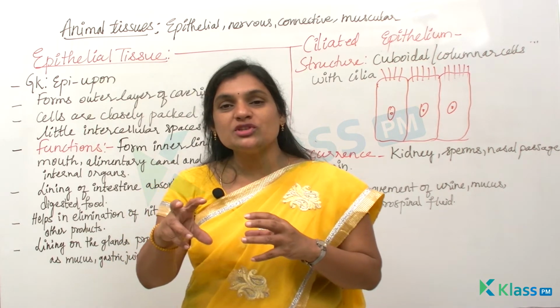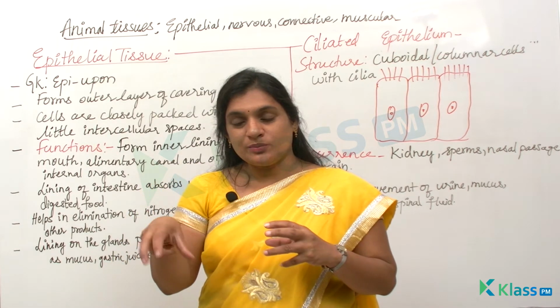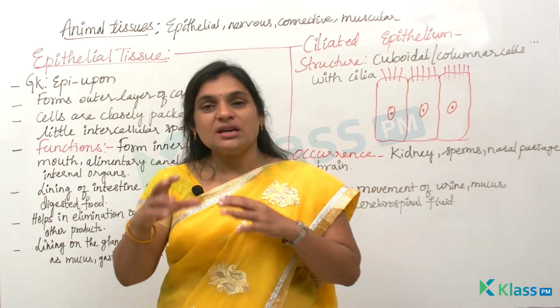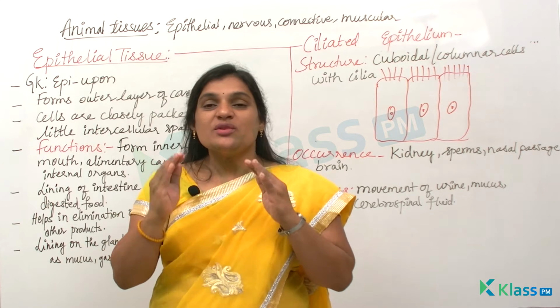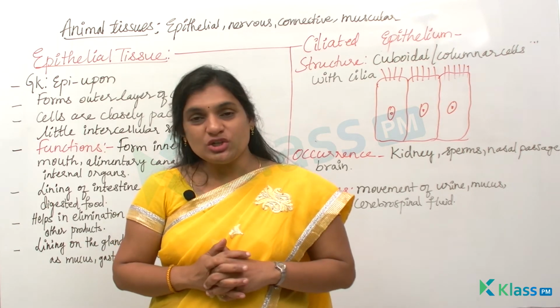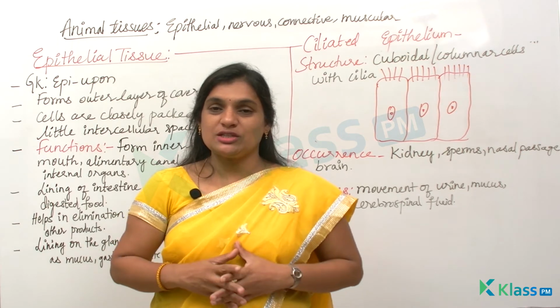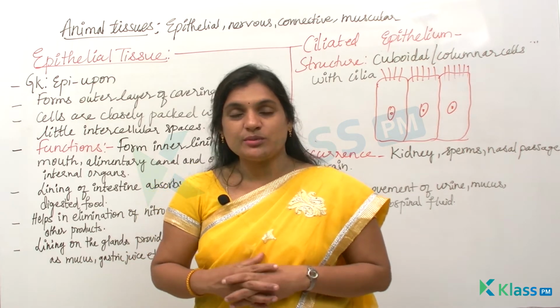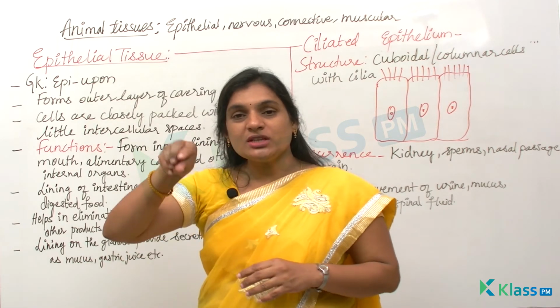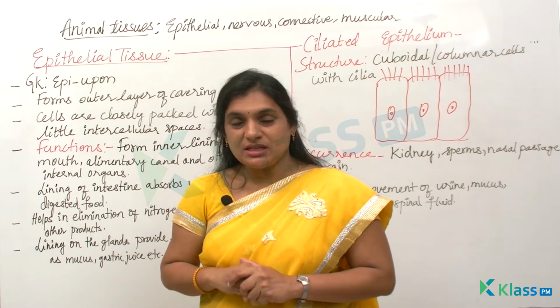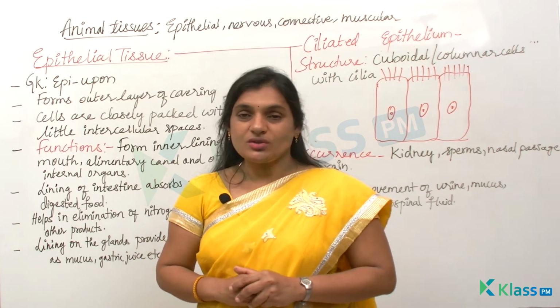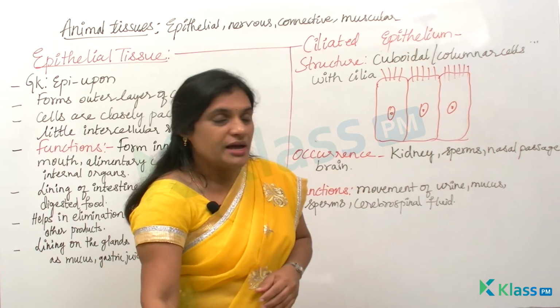There is a fluid circulating through these membranes all the time, which protects the brain from injuries and shocks, and that fluid is called cerebrospinal fluid. The movement of this fluid is because of the ciliated epithelium. So these are the functions of ciliated epithelium in the animal body.